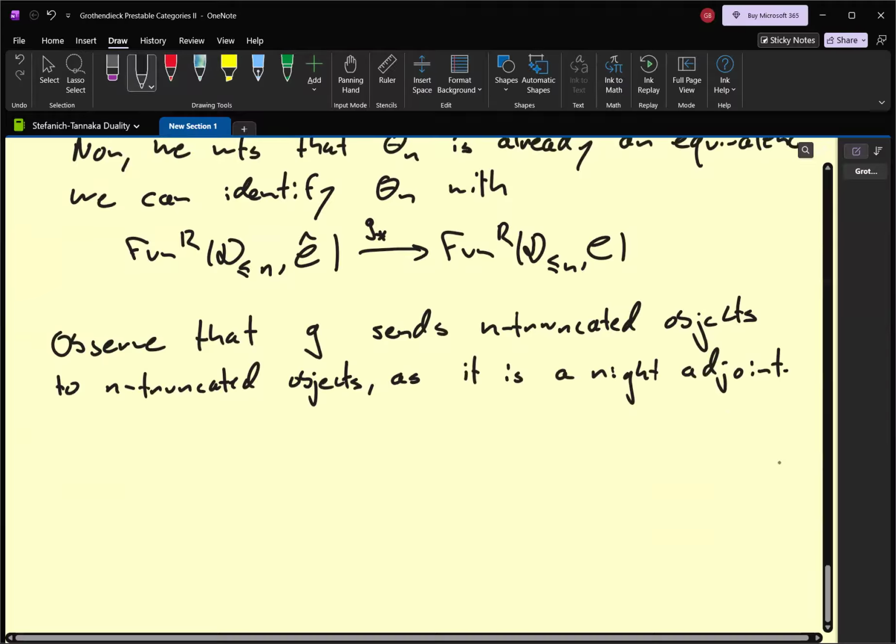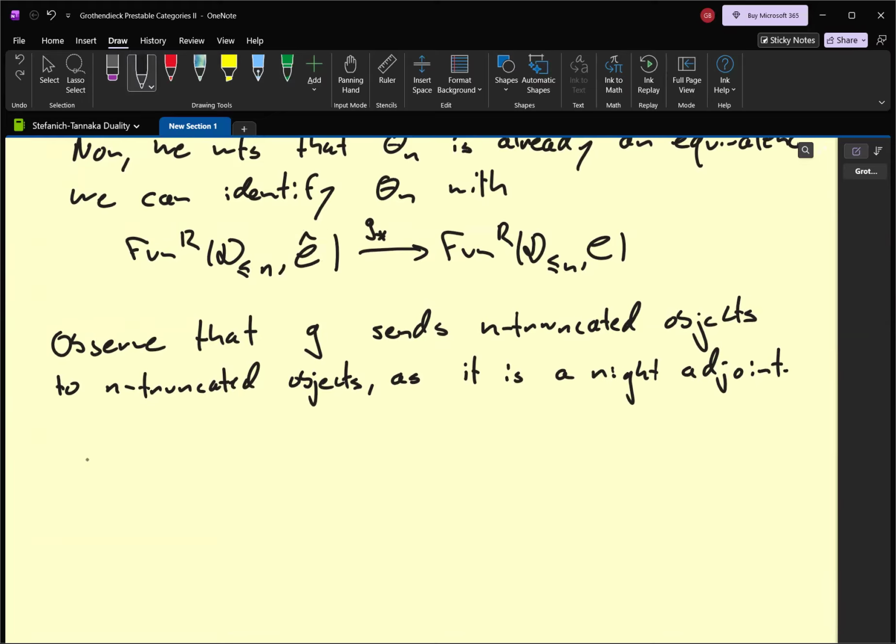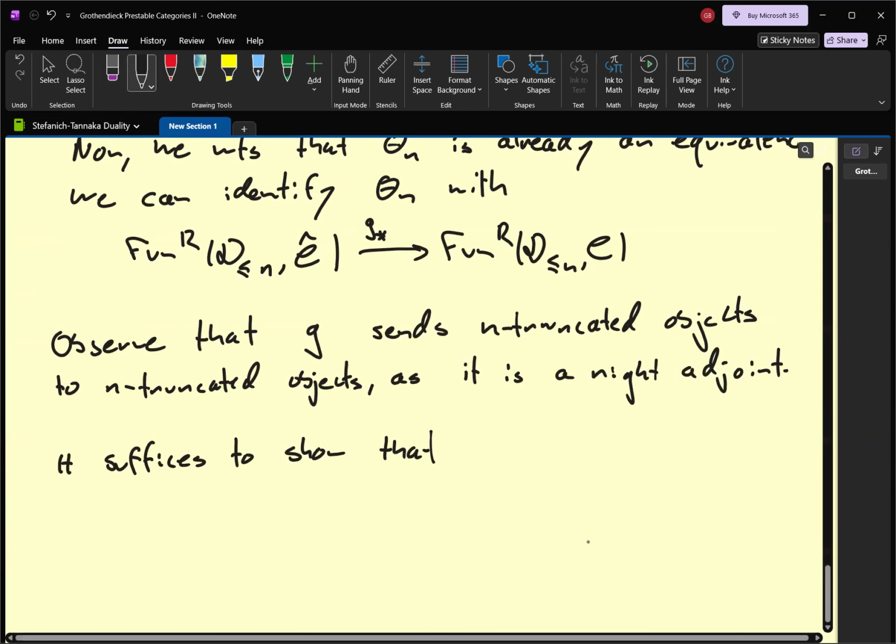So now this gives us that this thing here decomposes. So it suffices to show that if I take G and I restrict it to C hat less than or equal to n, this is now something from C hat less than or equal to n to C less than or equal to n, that this is an equivalence.